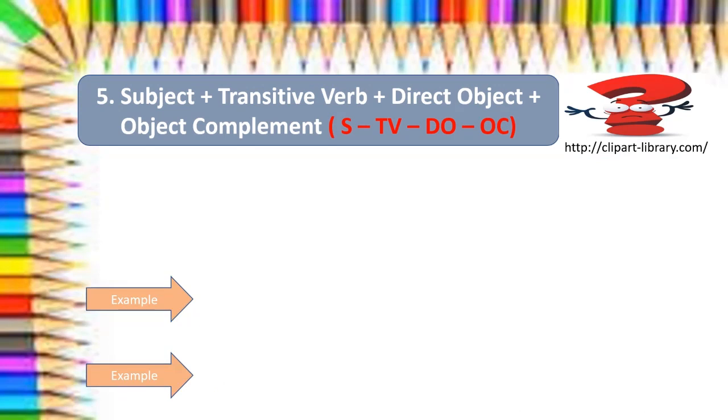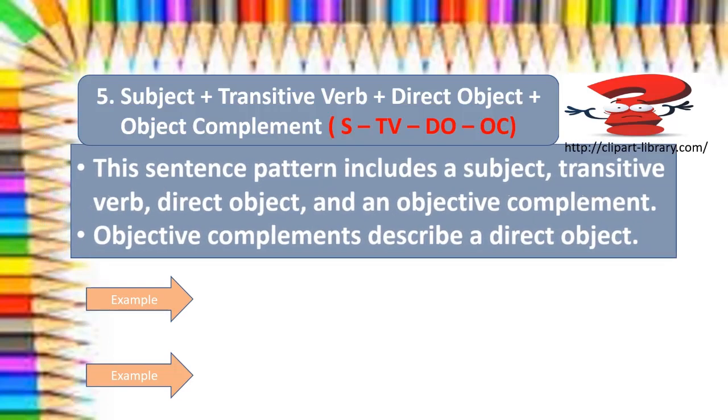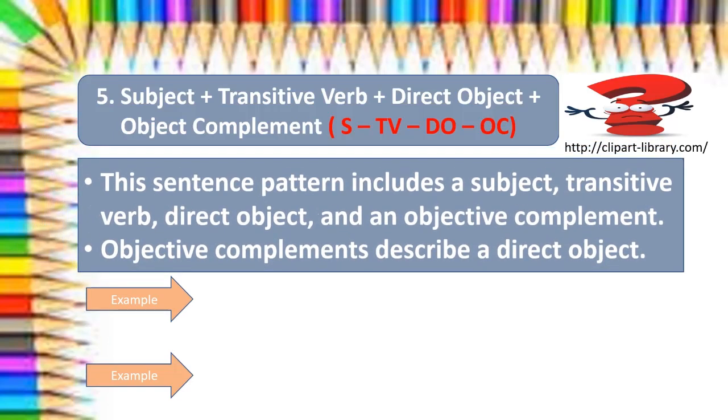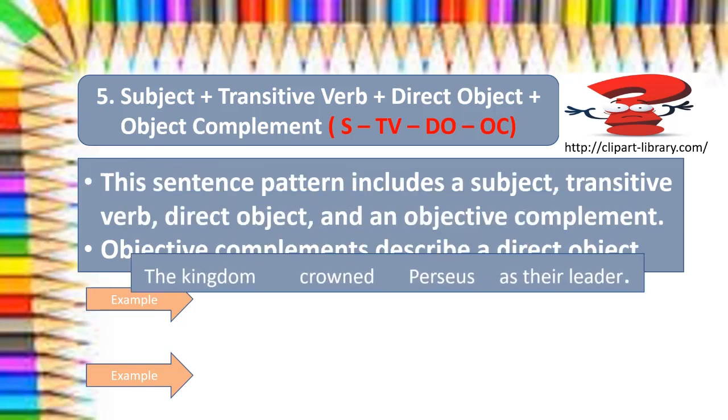And the last is STVDOOC. Subject plus transitive verb plus direct object and object complement. This sentence pattern includes a subject, transitive verb, direct object, and an objective complement. Objective complements describe a direct object.